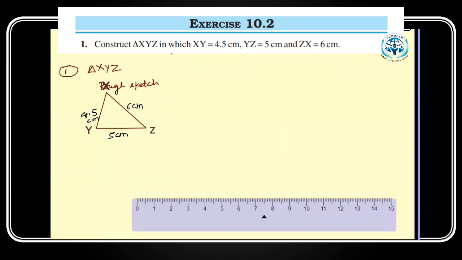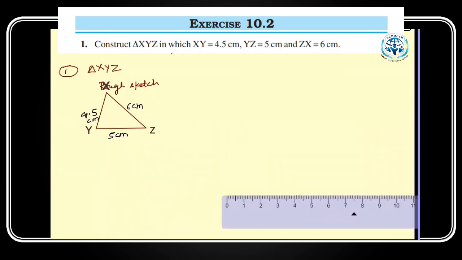First of all, we will draw 5 cm YZ using the ruler.